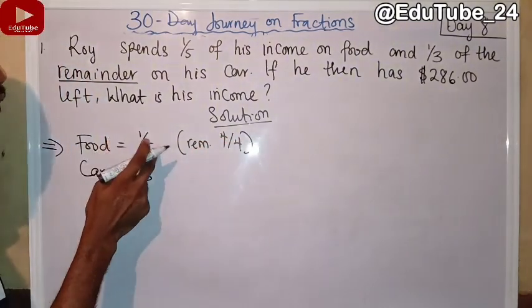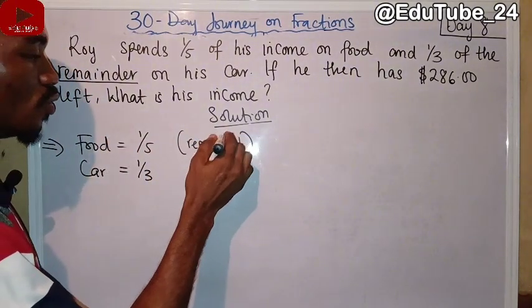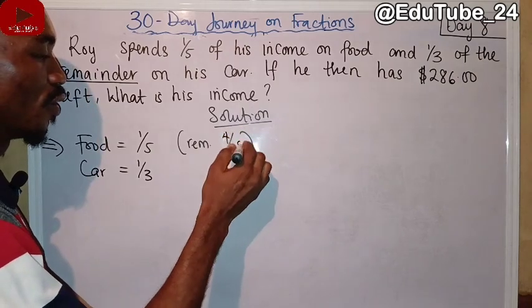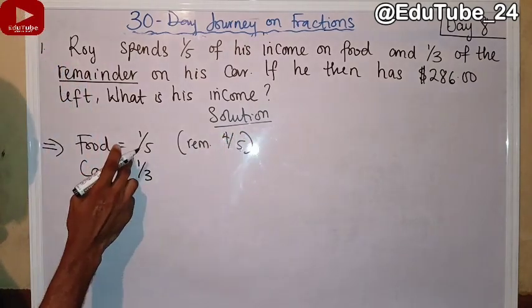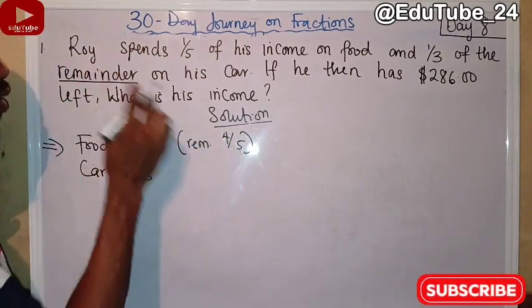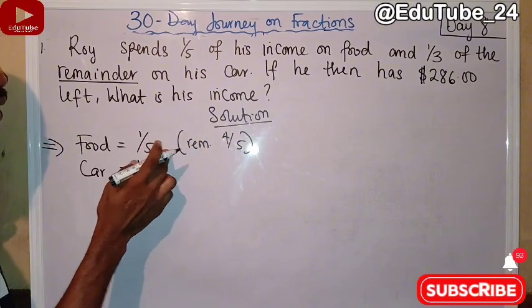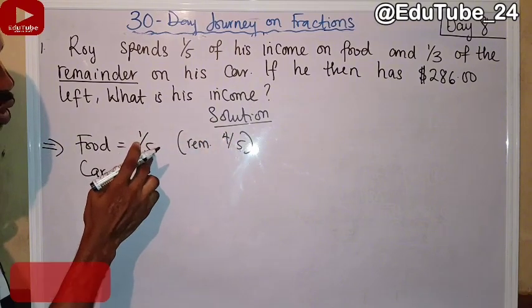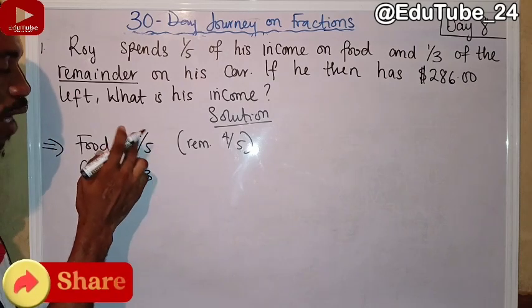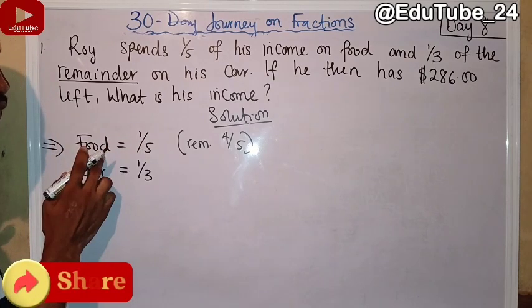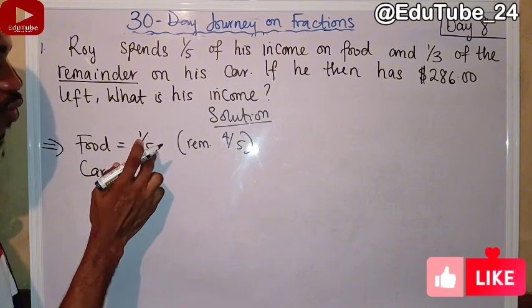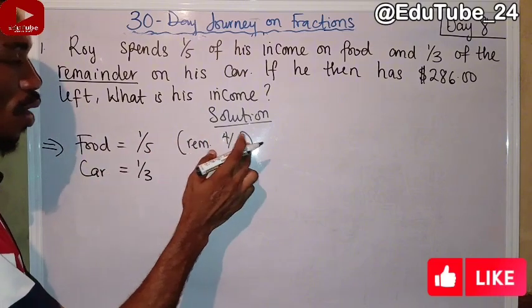So spending 1/5 of his income on food, the remainder will be 4/5. The whole fraction is 5, and he spent 1 out of this whole fraction of 5 on food. That means if you spend 1 out of this 5, the remainder is 4 out of the 5.